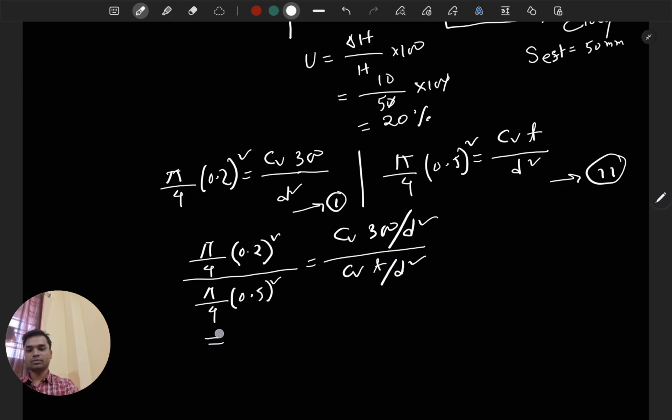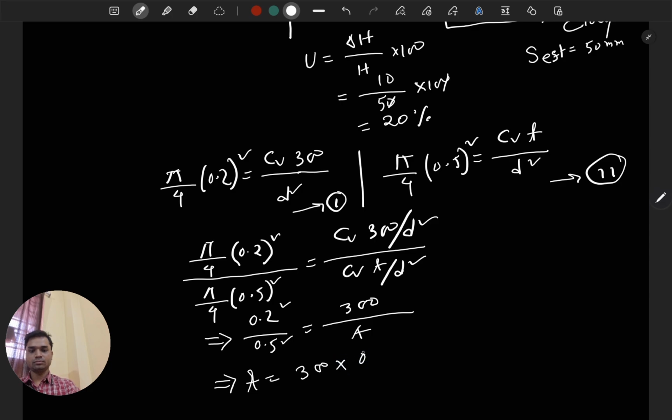Just simplify this equation and give me the answer. 0.5 squared, okay, then it becomes only 300 by t, and the value of t, let me calculate.